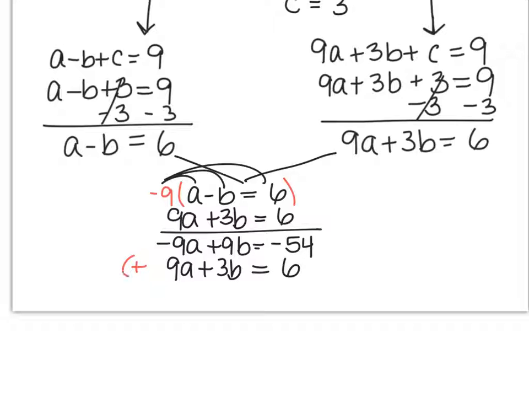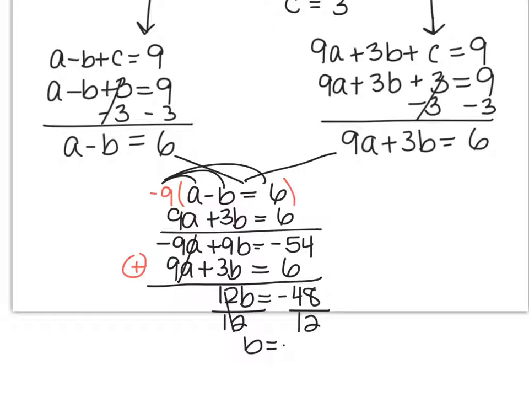I'm going to add these two equations together. The a terms will cancel, and I will have 12b equals -48. Divide by 12, and b is equal to -4.